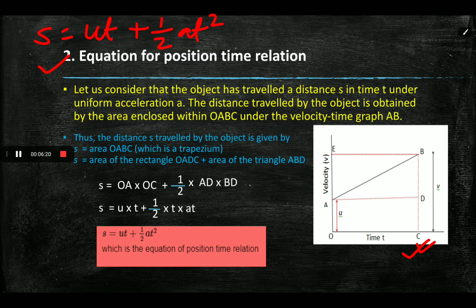In this graph, we know that the velocity-time graph is this, and we have to find the area covered by the object, or the distance covered by the object. So to find the distance, we have to calculate the area covered between this velocity-time graph and the time axis.